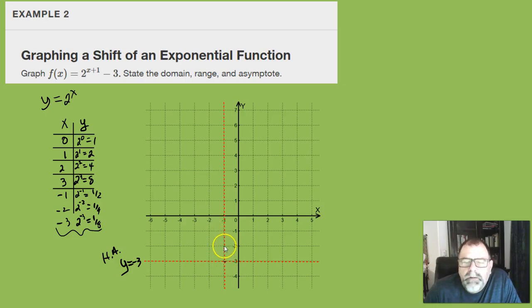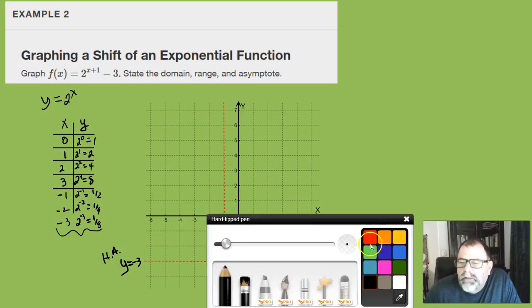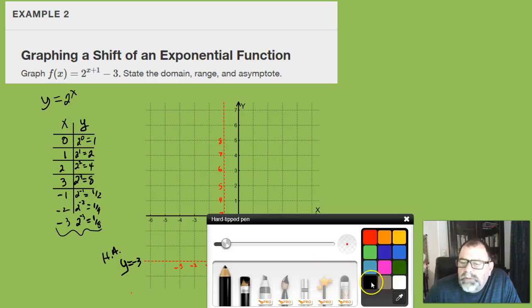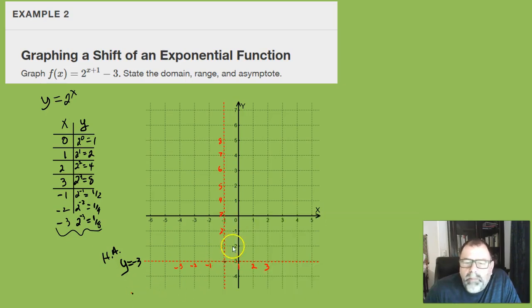So basically, I would think of this as 0, 0, and this would be 1, 2, 3, 4, 5, 6, 7, 8, counting from my pretend origin, which is negative 1, negative 3. And then this would be negative 1, negative 2, negative 3, 1, 2, 3. So typically I don't write that, but I'm just trying to show you what's going on in my mind here.